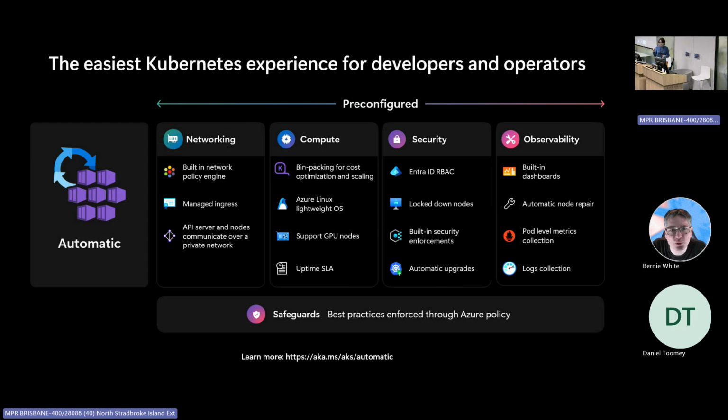AKS has a bunch of options around that. More and more, it's been like that because that's what the open source community is demanding. Prometheus and Grafana: when you deploy an AKS Automatic, it'll ask you whether you want the Prometheus and Grafana stuff installed and enabled, and we'll basically do that as part of the install.